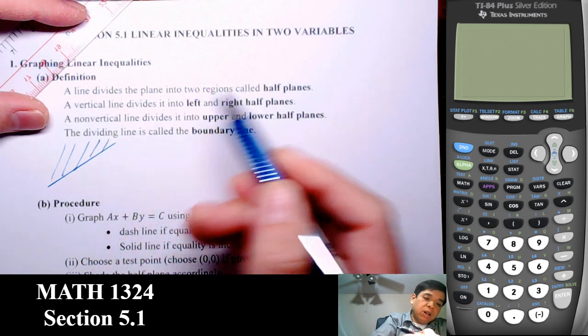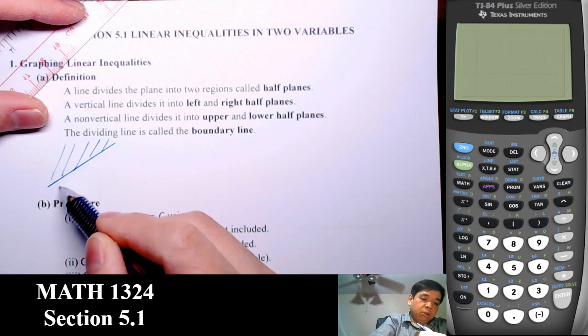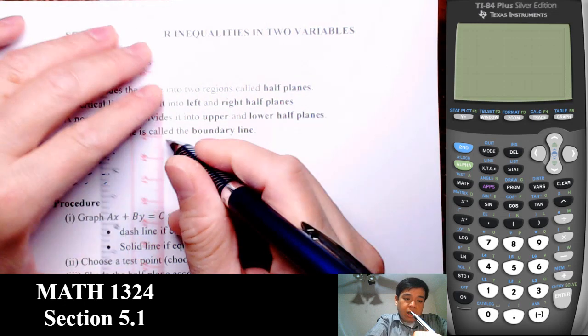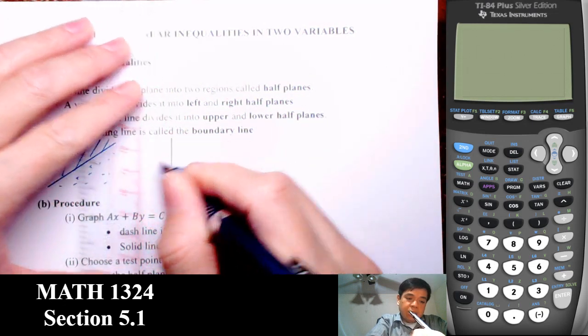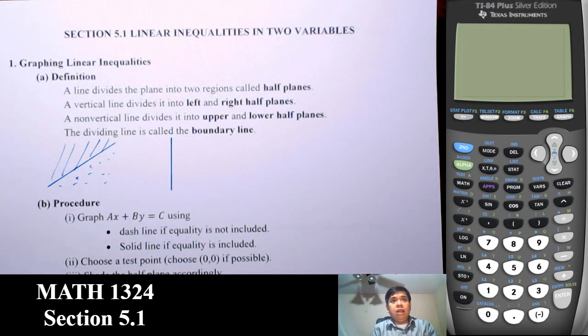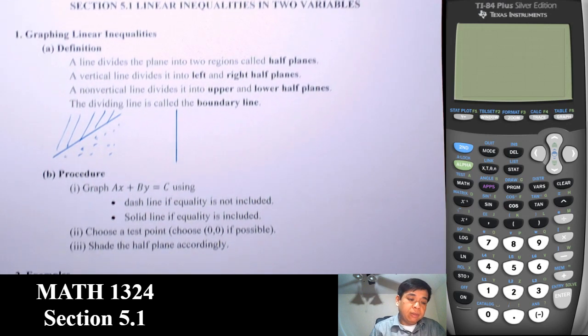If it is non-vertical, we have the one that is above, upper and lower. If it is the vertical line, we have left and right. The line is called the boundary, and the regions divided by the line are called half planes.